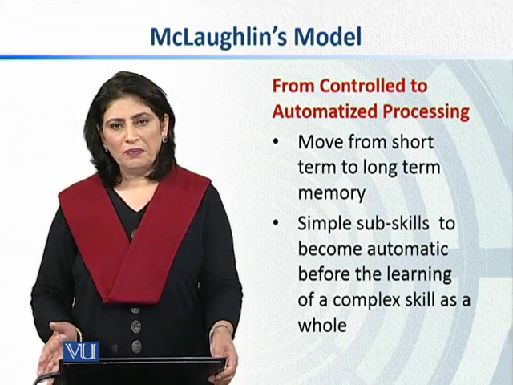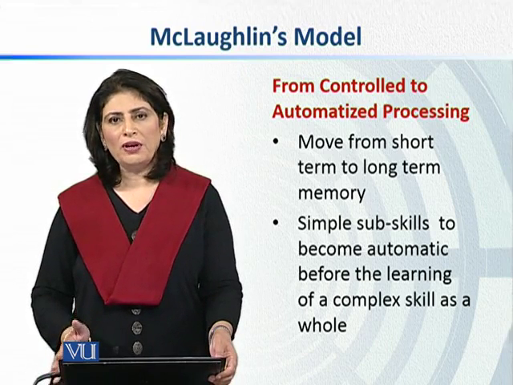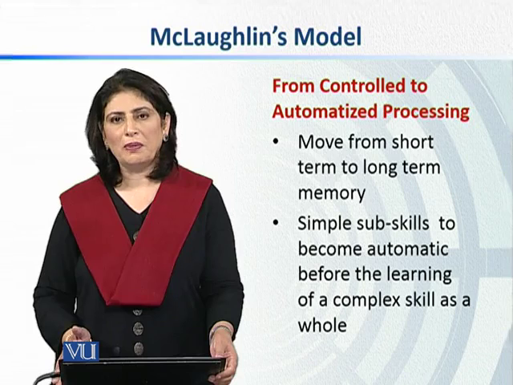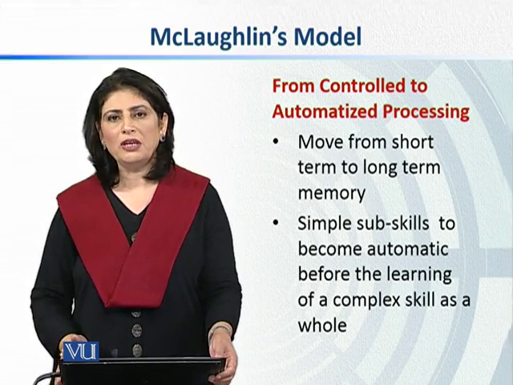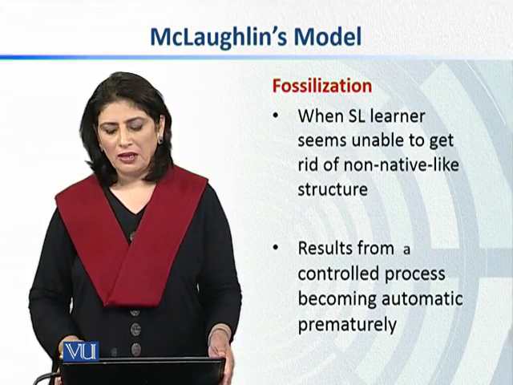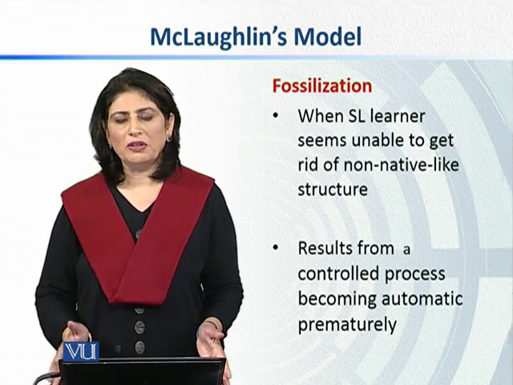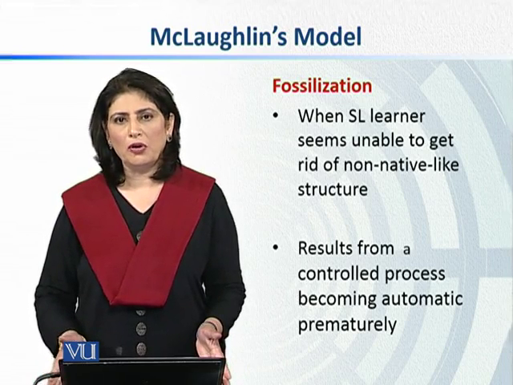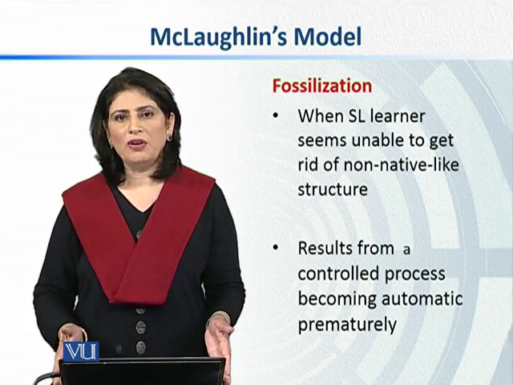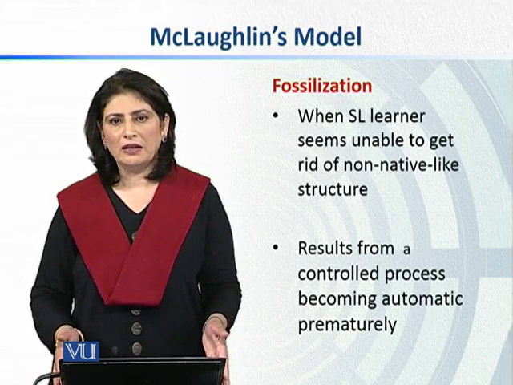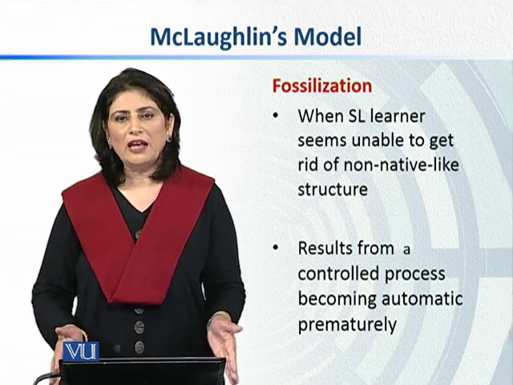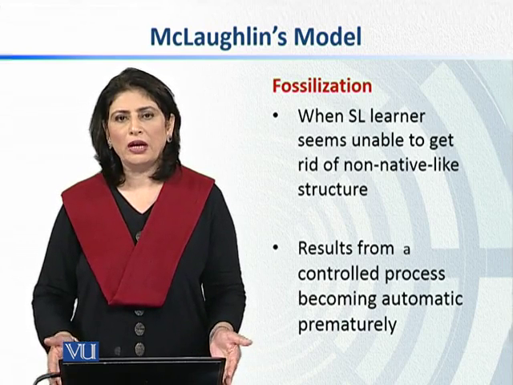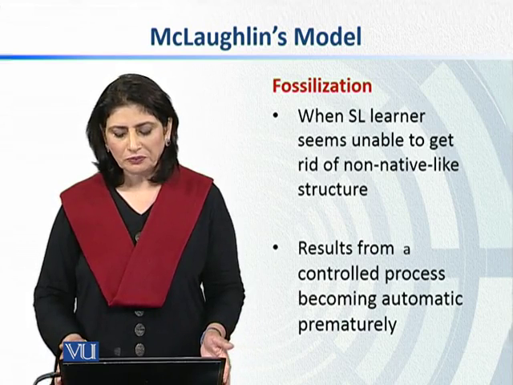So whenever a subskill becomes automatized, it is moved from the working memory to the long-term memory. And as it moves from the short-term memory to the long-term memory, we say that a skill has been learned, and the space of the short-term memory has been vacated for other subskills to be learned.